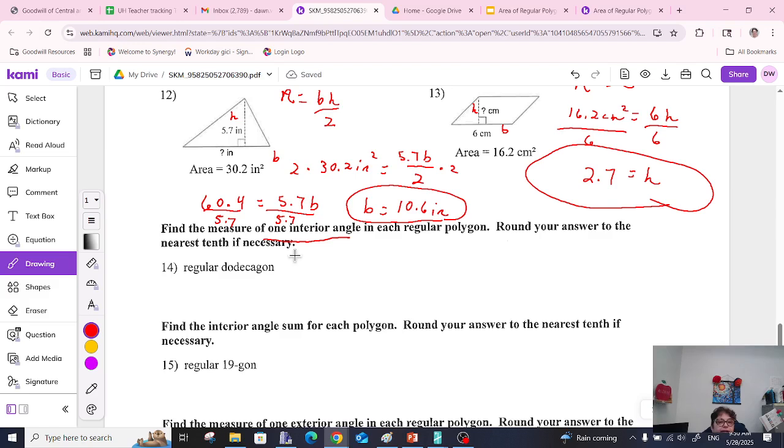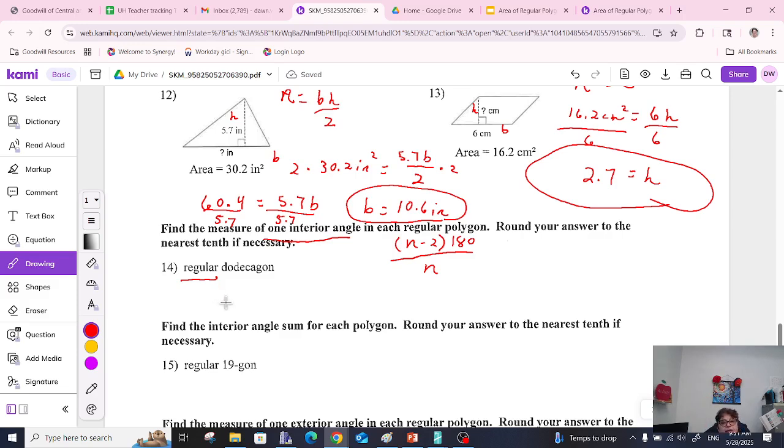If I'm finding one interior angle, you would use n minus 2, and I would divide that by n because I'm looking for each one. And it's a regular dodecagon, so each angle is going to have the same measure because regular means same side lengths, same angle measures.